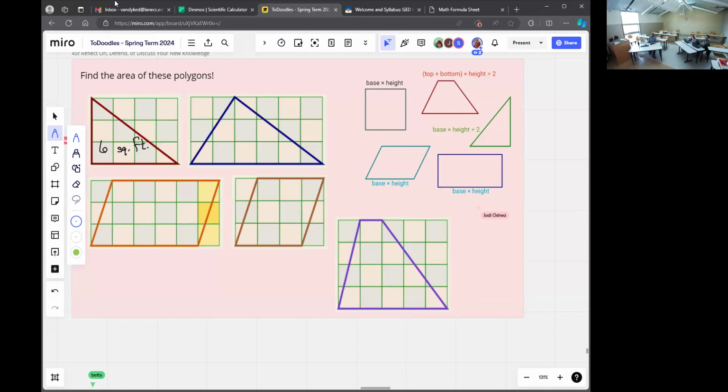I'll count it. How many squares are in it? Either do length times width or just count them. There's 6 on one side, and the other side is 3 by 2.